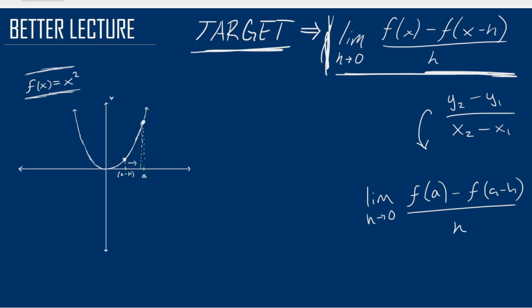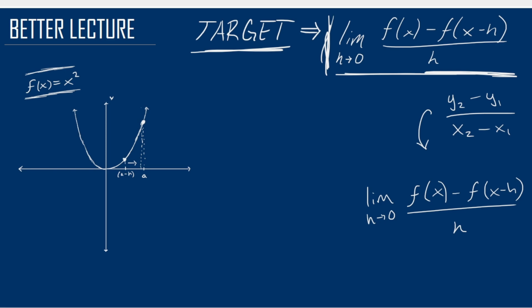So here you can notice that we have a instead of x, because we've been looking at a single point A. But if we want to make it more general and give us a function, we can have this be any x. So that is how you build this formula, or this definition.